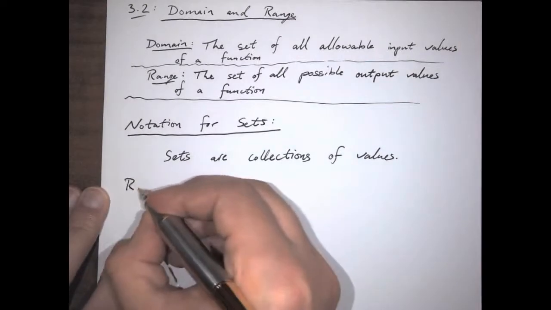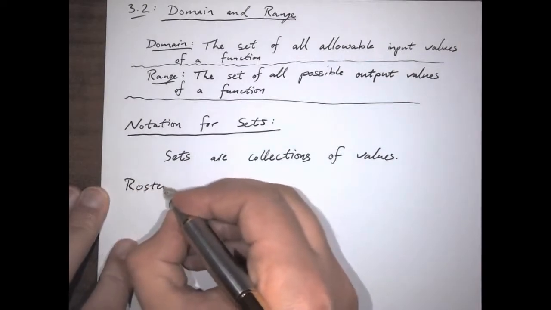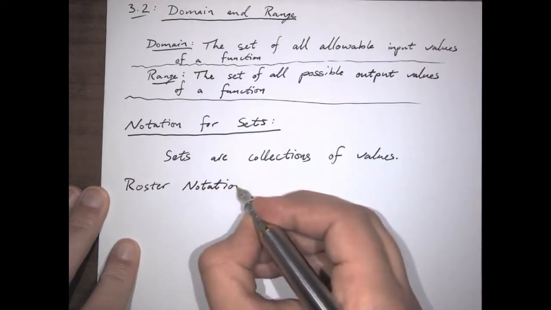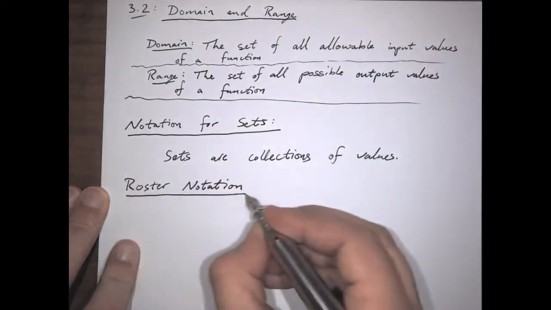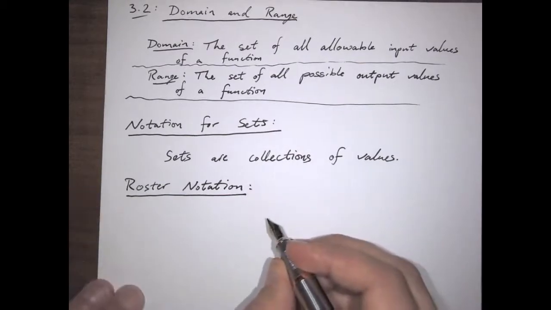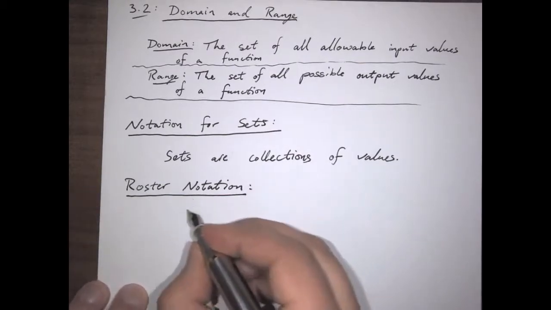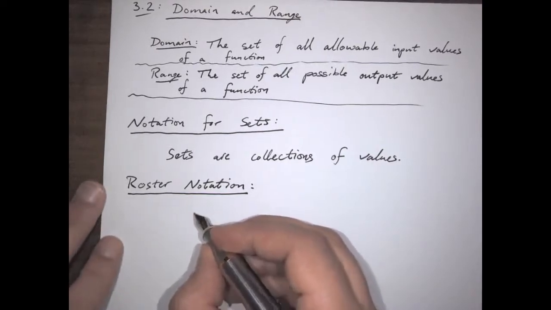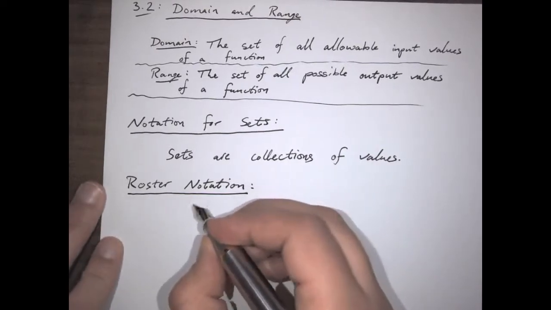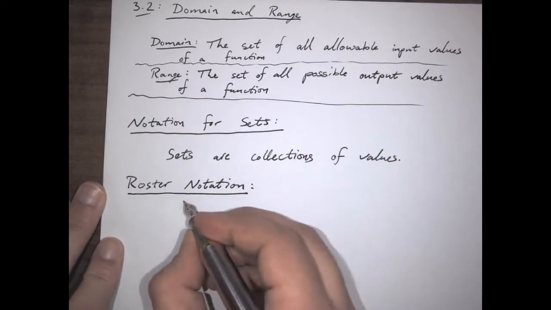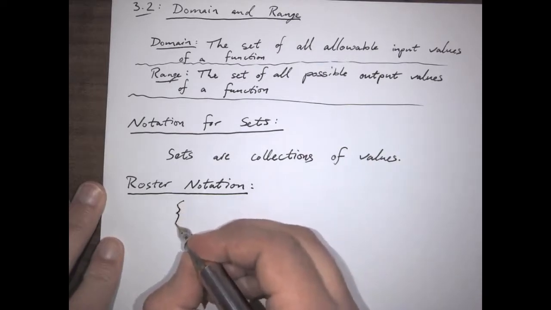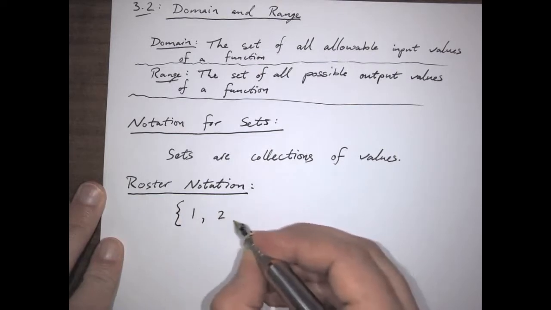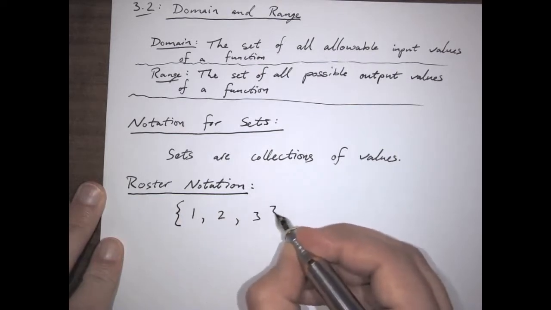So there is what's called roster notation, in which we just put a big brace, or a squiggly bracket, and we put whatever values we want to include inside it. So this would go like this, and be like 1, 2, 3.